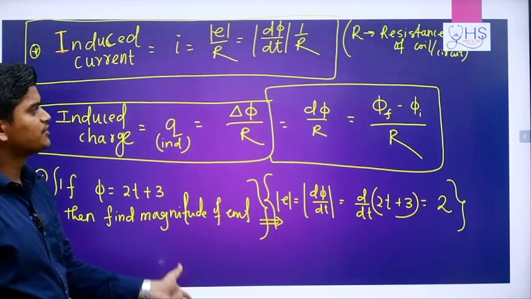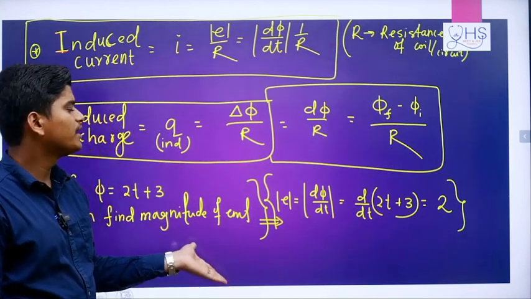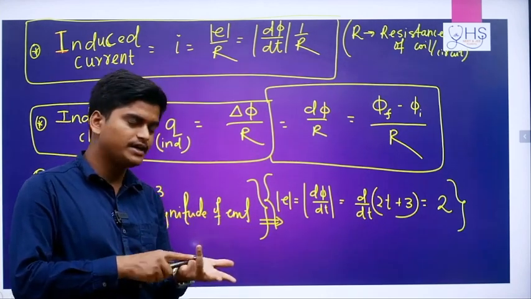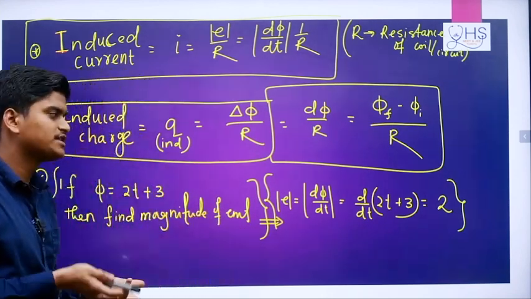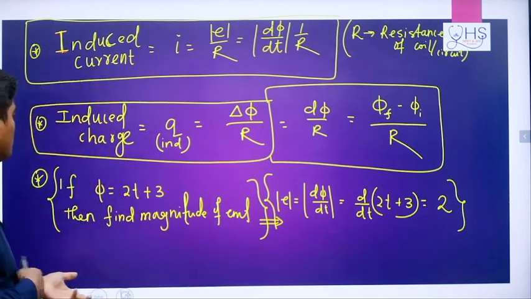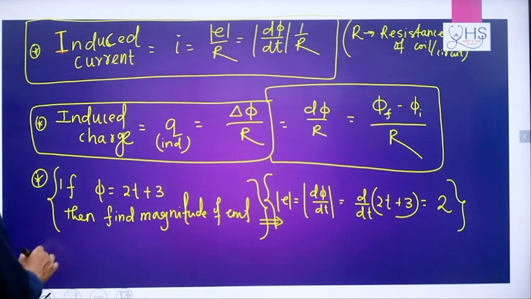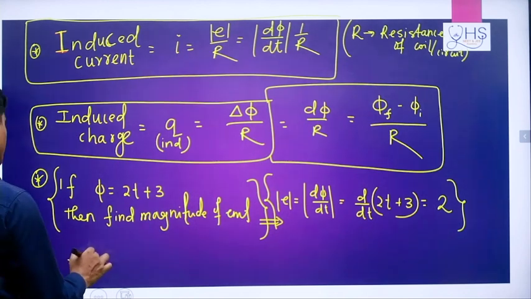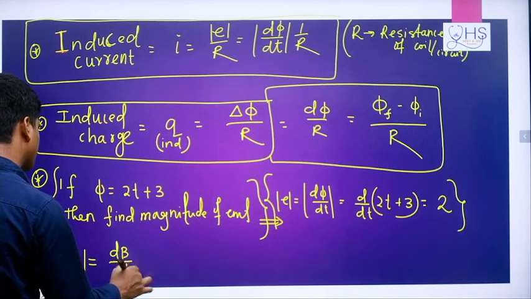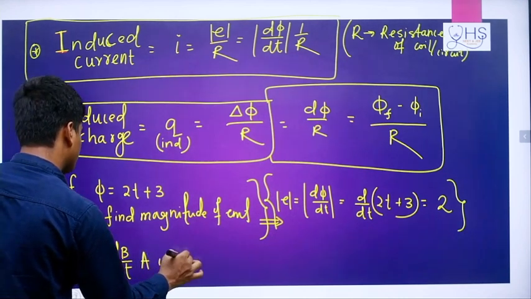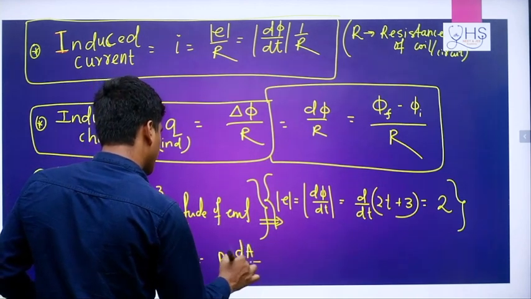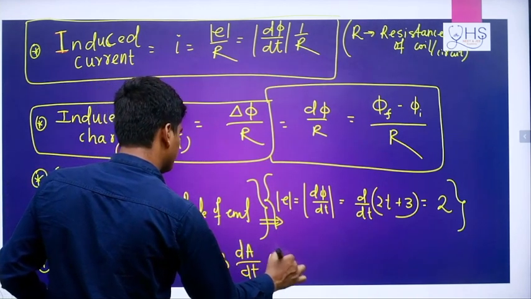And in different situations, different things will be given. Flux you can change in different ways. I told you, if you change the magnetic field, flux will change. If you change the area of the loop, then also flux will change. So if you want, you can write the magnitude of EMF as dB by dt into A cos theta, or B into dA by dt cos theta.